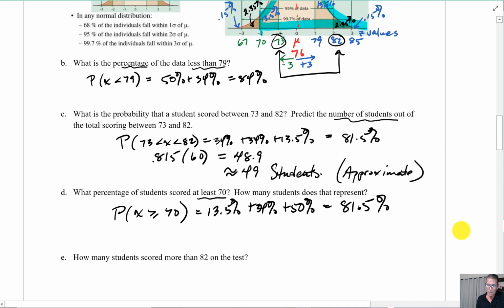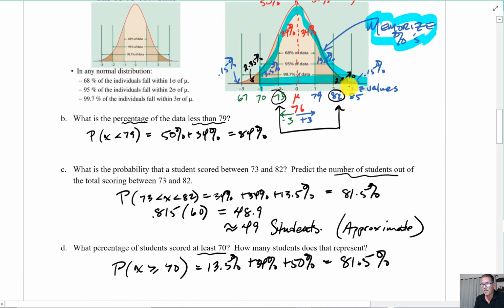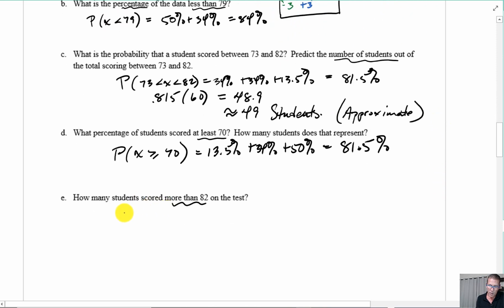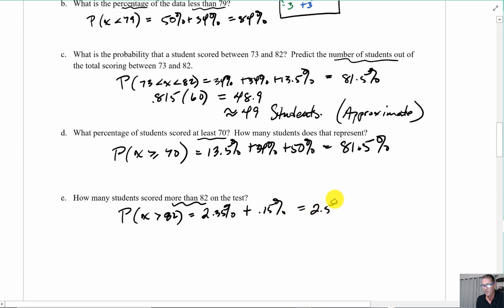Okay, how many students scored more than 82? We need the percentage first. To the right of 82 is 2.35% plus 0.15%, so the probability that we're greater than 82 is just 2.5%.